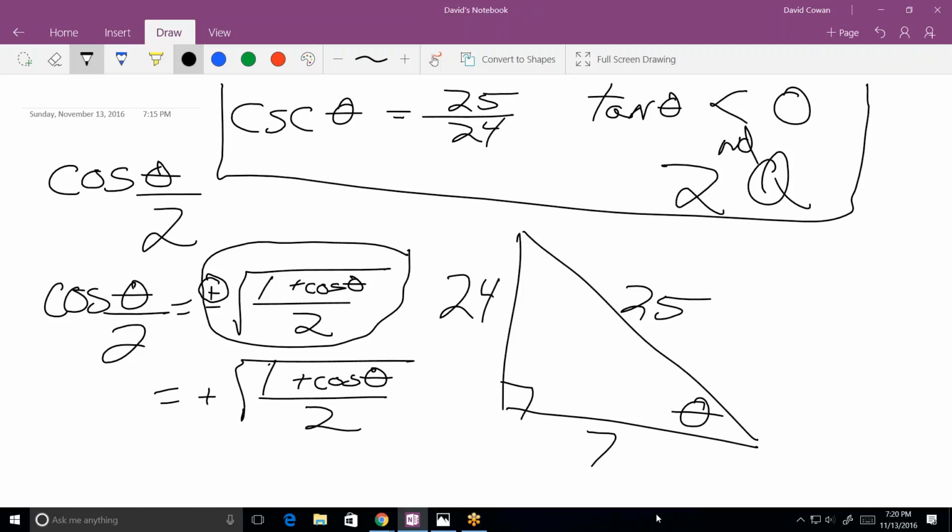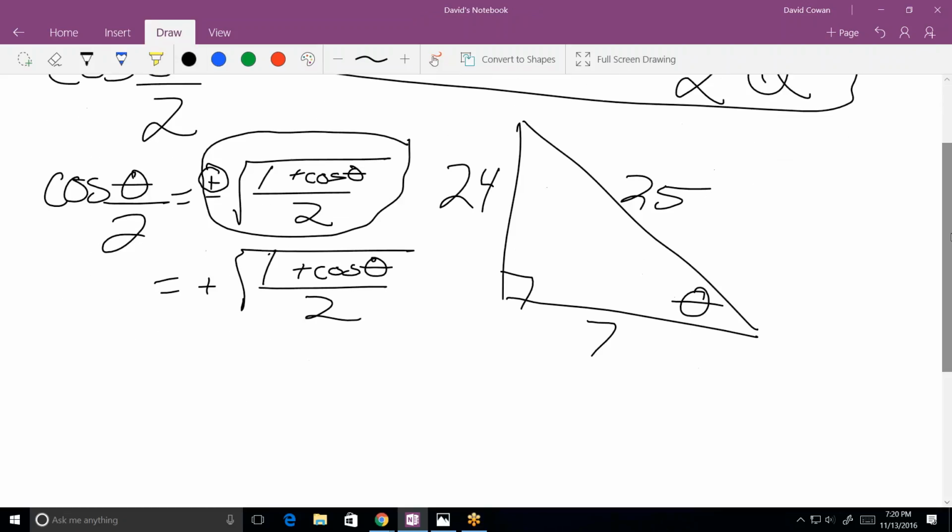Now, what's the cosine of theta equal to? 7/25. Plus or minus? Minus. Correct.